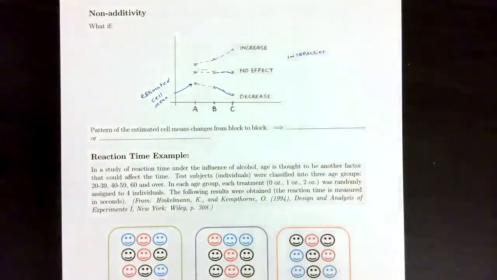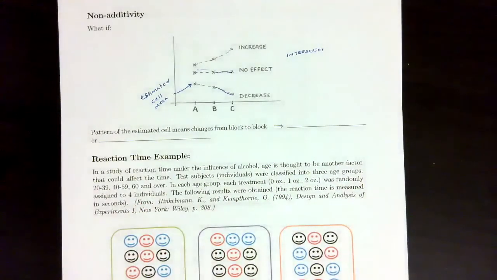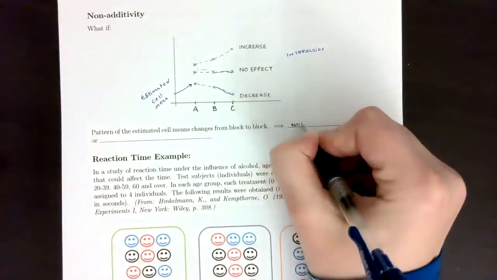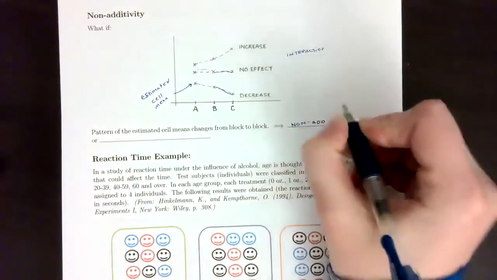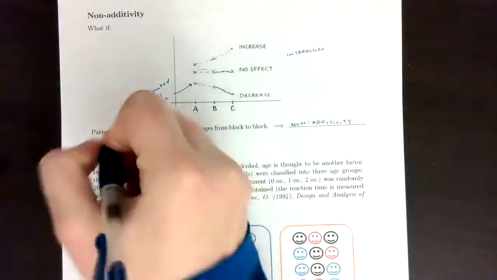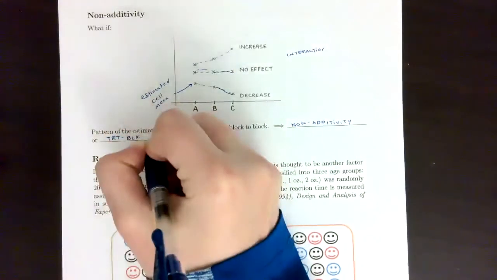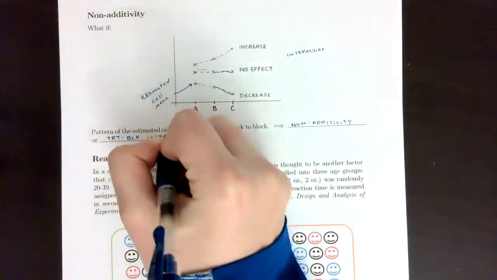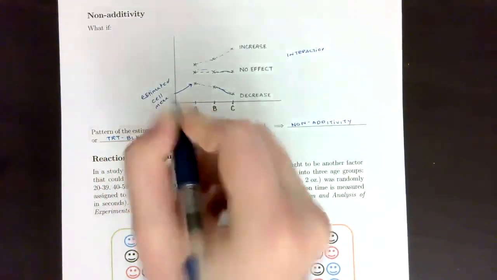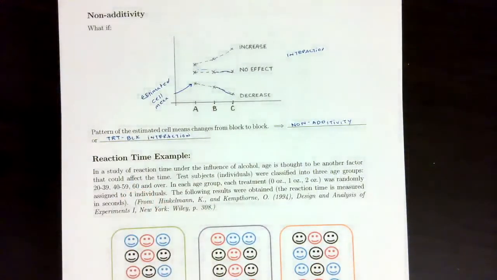And so here, what we have is that the pattern of the estimated cell means changes from block to block, which implies we have non-additivity, or what we call treatment block interaction. I might also interchange this as block treatment. Again, it's the same thing. So treatment block or block treatment interaction, same thing. I just flip the words sometimes when I talk.